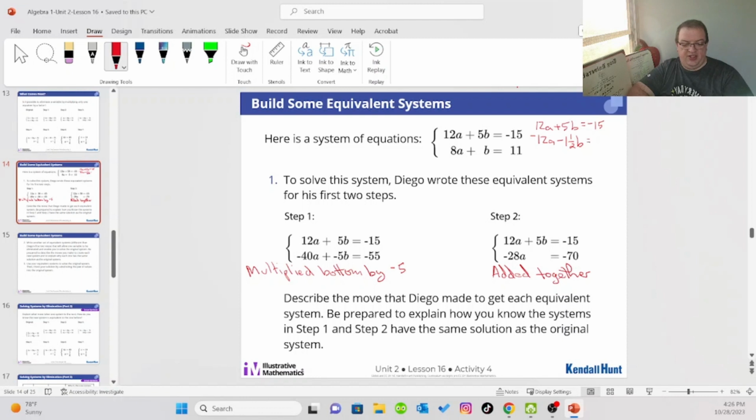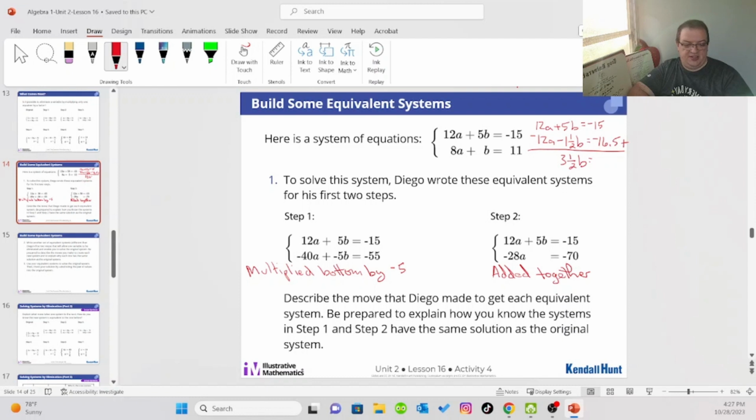And 11 times -1.5 would be -16.5. Now if I add these together, 12a minus 12a is 0. 5b minus 1.5b gives me 3.5b.